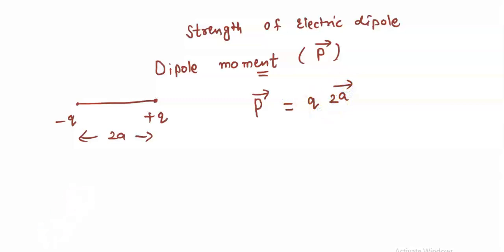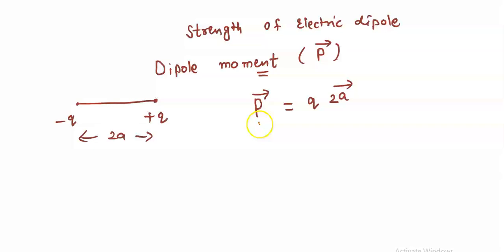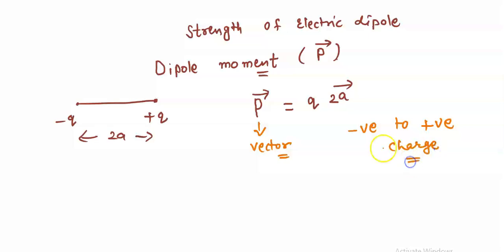Needless to say, this dipole moment is a vector quantity. Do remember that the direction of dipole moment is conventionally taken from negative to positive charge.